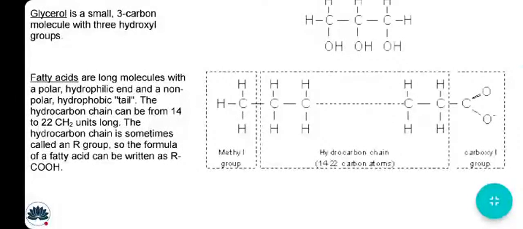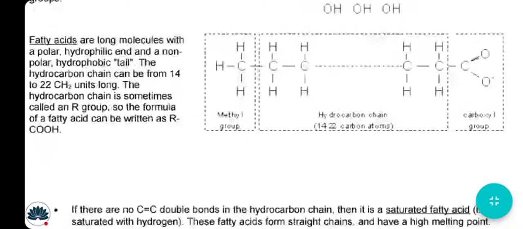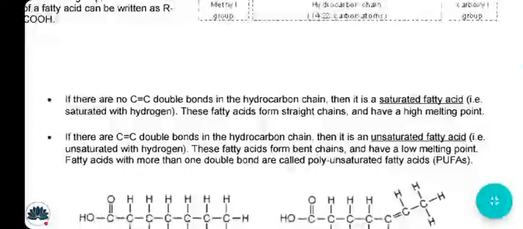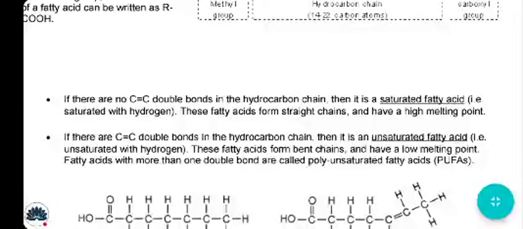Now in your lipids, you can see the hydrocarbon chains where the methyl group is present and the carboxyl group is also present. The methyl group we have already discussed in organic chemistry. If there are no double carbon bonds in the hydrocarbon, then it is a saturated fatty acid, saturated with hydrogen.